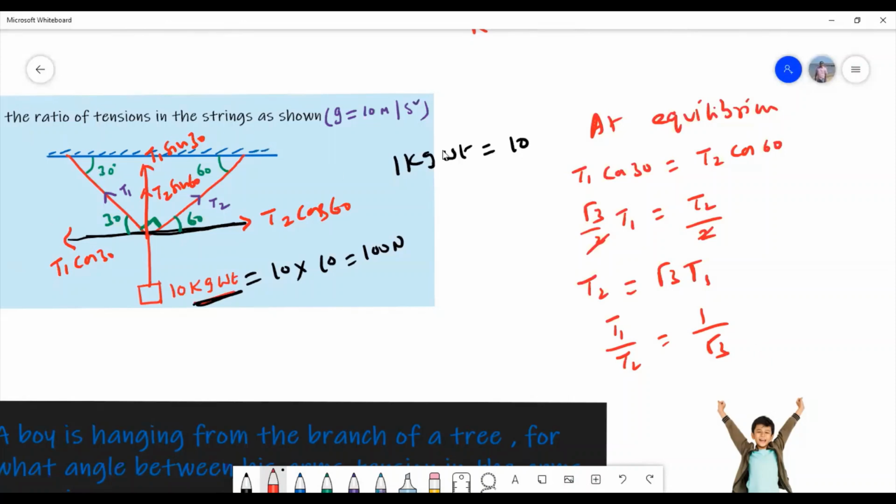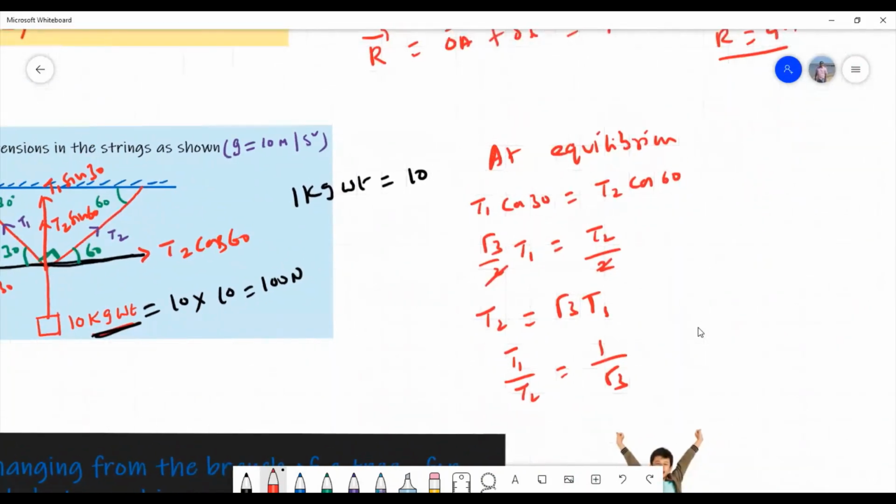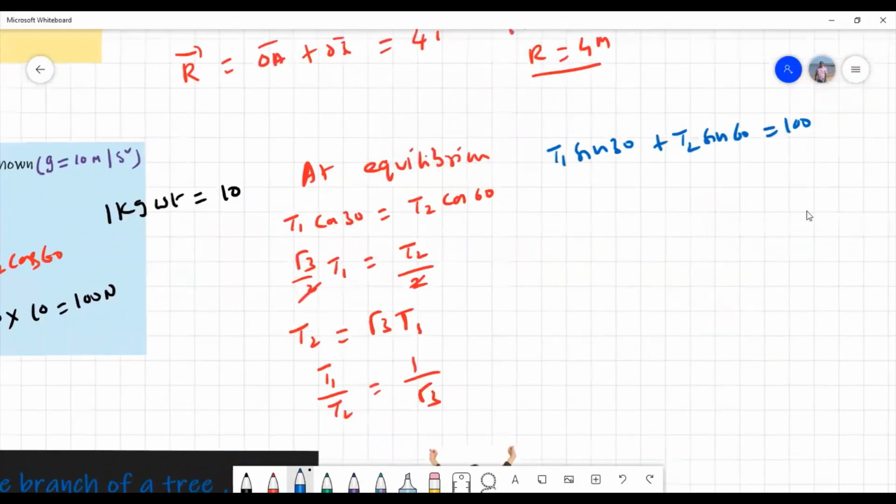But suppose in the same problem they ask you what the T1, T2 values are. Then we have to use one more equation. Equate the upward forces. If I equate the upward forces, T1 sin 30 plus T2 sin 60 is equal to the net downward force, that is the weight, 100 Newton downward.